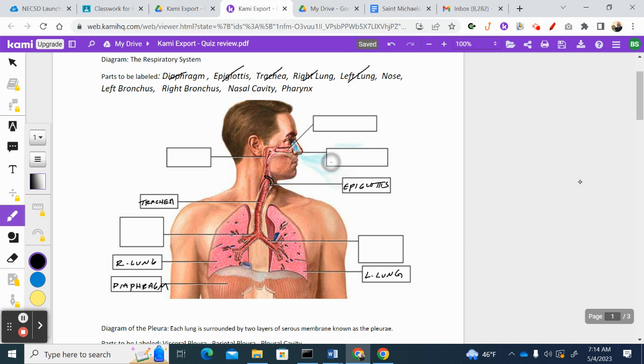Nose. Left bronchus. Right bronchus. Here's our nasal cavity.